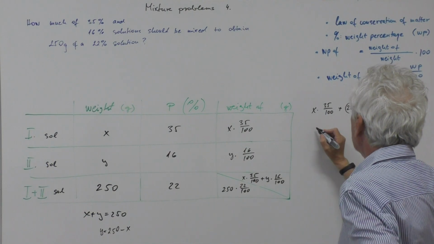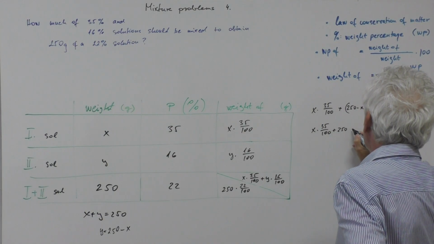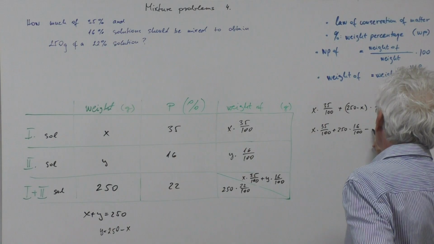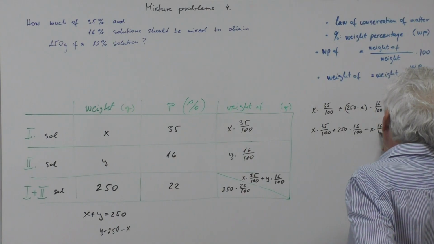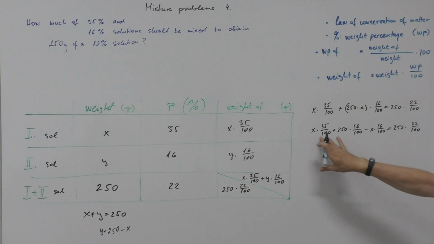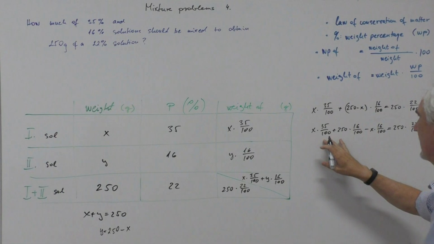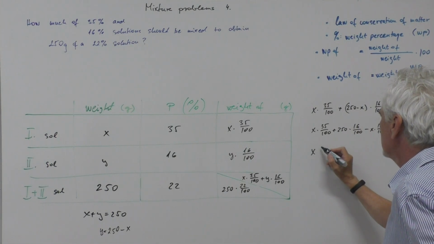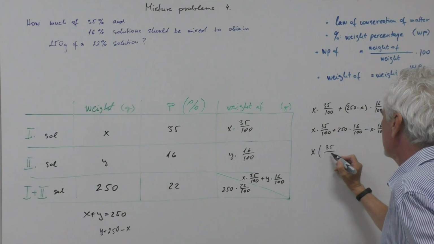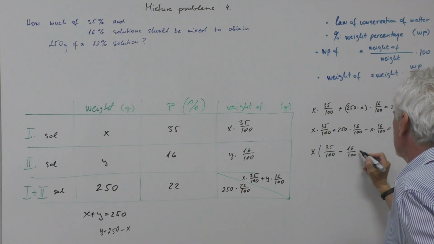Let's multiply this out to get 250 times 16 over 100 minus x times 16 over 100 is 250 times 22 over 100. Here we have the x term with the x factor. This is a number, so let's move this to the right hand side and immediately factor out x on the left hand side to get 35 over 100 minus 16 over 100.